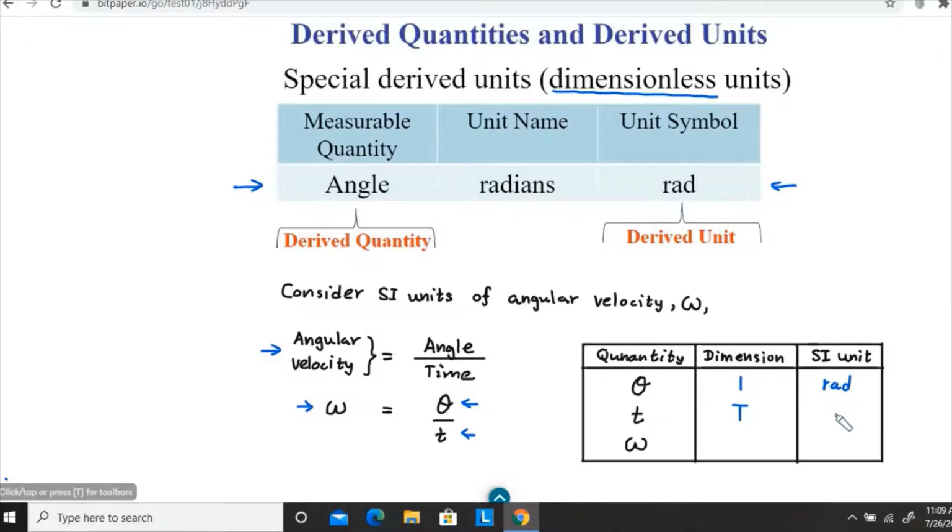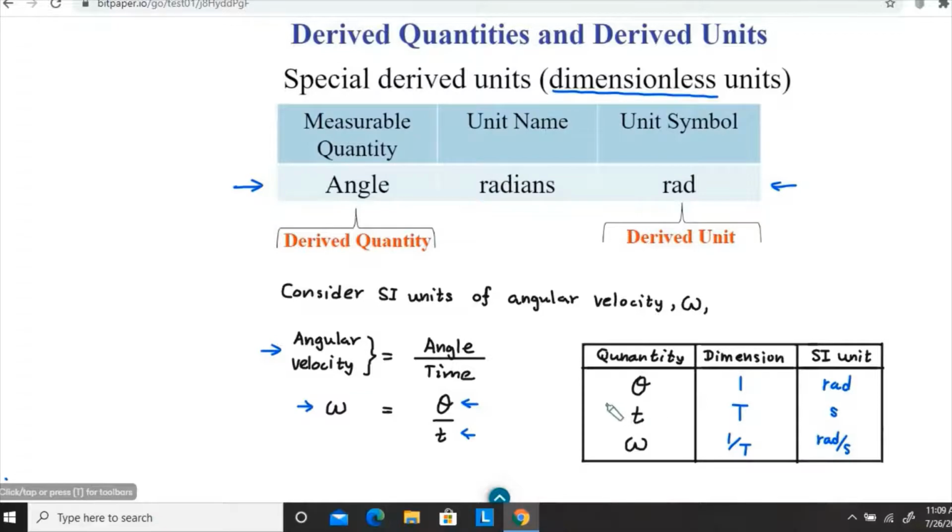The SI unit for time is seconds, or s. So from the definition, omega is theta over t. So I'll put the dimensions of omega as 1 over t. The units would be radians per seconds.